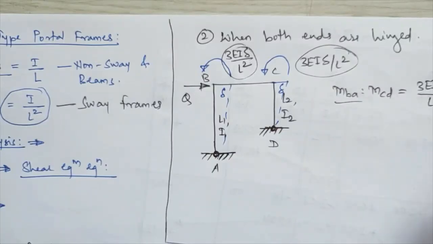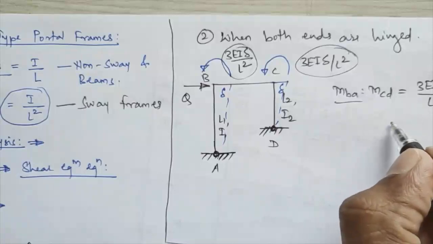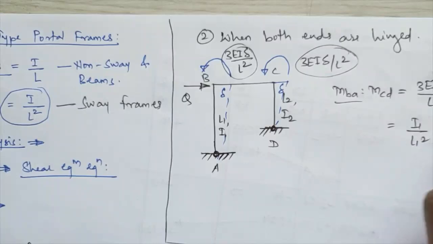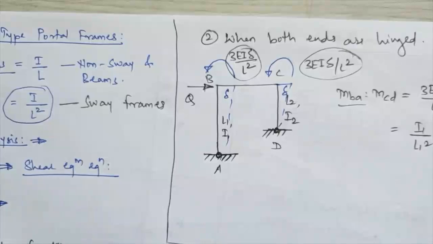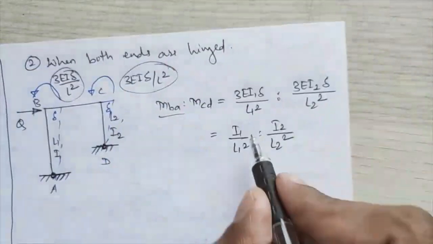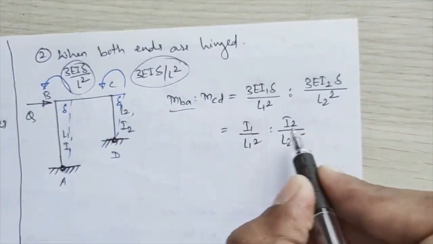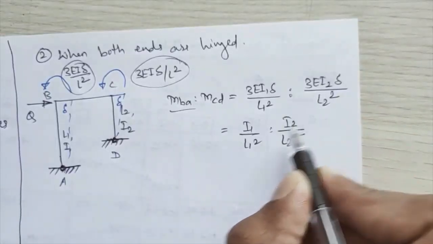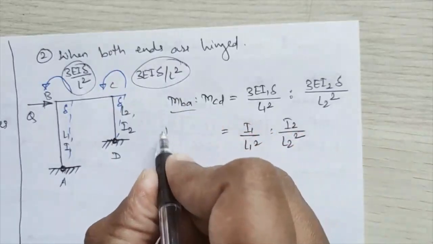Again 3E delta will get cancelled. So what will remain is I1 by L1 square is to I2 by L2 square. So the ratio in the first case and the second case comes out the same.